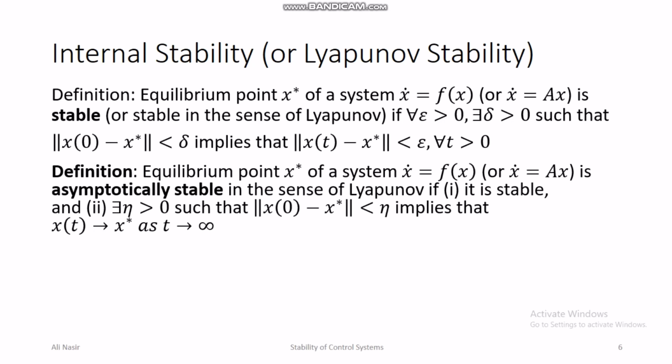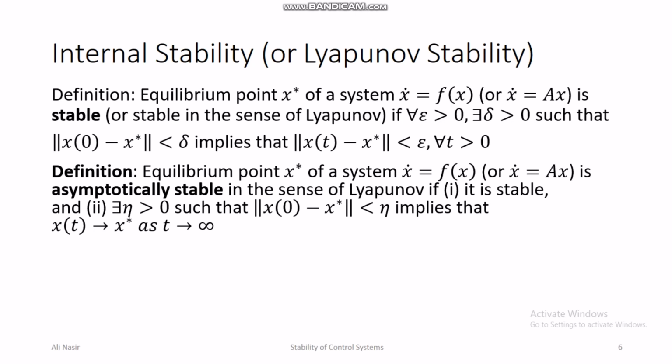So this is basically saying that your trajectory, or your state values, with the passage of time, or asymptotically, should converge to the equilibrium point. This expression, x of t approaches x star as t approaches infinity, you can say in the following manner: x of t approaches x star asymptotically.